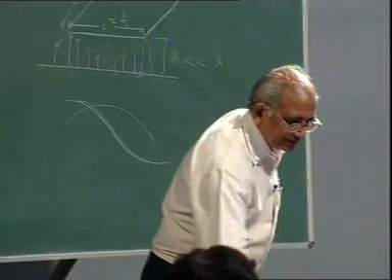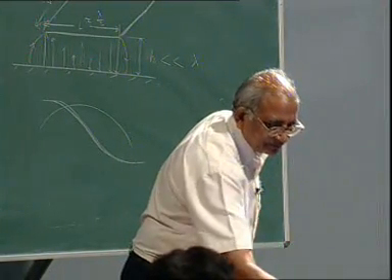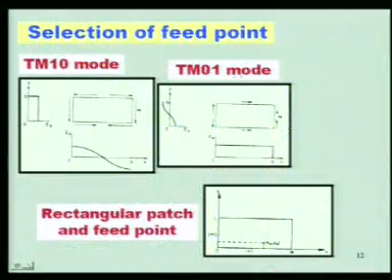So, one can excite the 10 mode, one can excite the 01 mode also, that is half-wave variation along this and no variation along this, as shown over here, that along this edge there is no variation, it is constant, along this edge there is a half-wave variation similar to that one. So, now the index 0 corresponds to this direction, no variation, 1 corresponds to half variation along this direction.